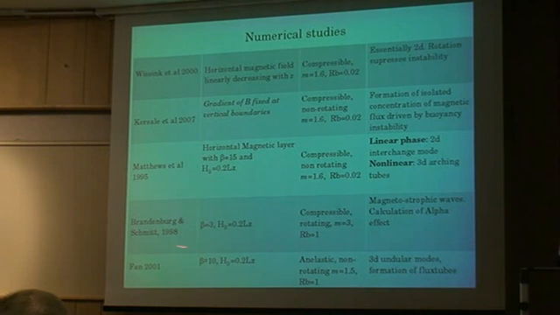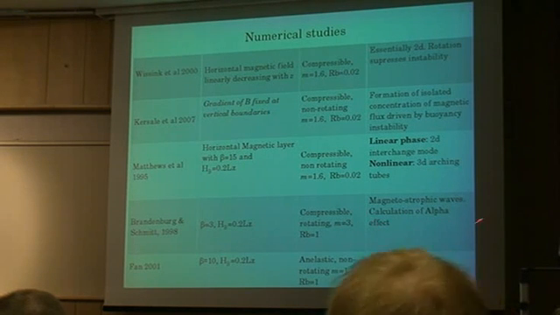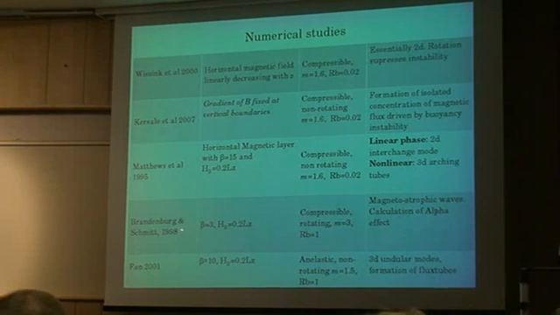And I would point out this study, which is kind of an inspiration for the problem which I am talking about today, where they calculated the alpha effect numerically for a box which is stably stratified and has a horizontal magnetic layer somewhere in the box.